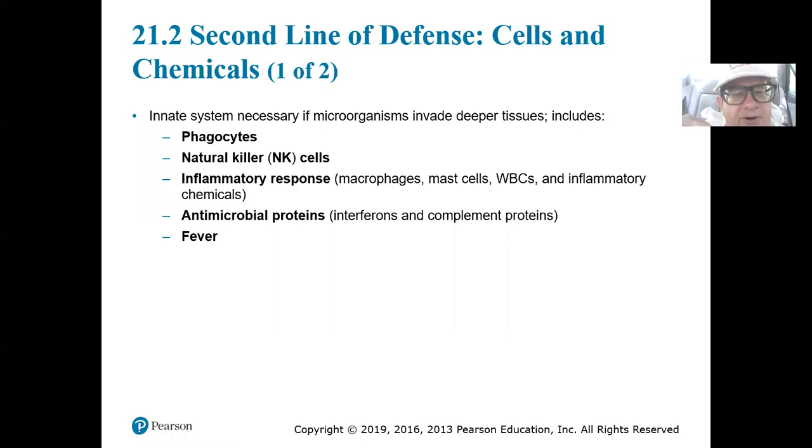They ramp up other cells, activate other cells, make them do what they need to, including telling them to kill themselves. Anyway, the inflammatory response. This is caused by macrophages, mast cells, white blood cells, and inflammatory chemicals. I'm going to give you one. The most famous one would be histamines.